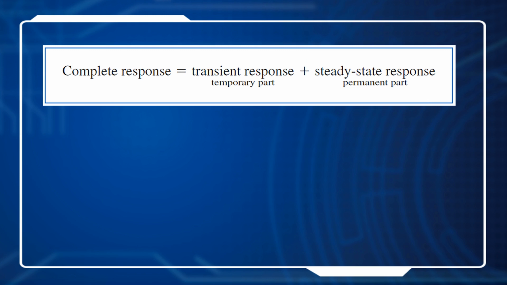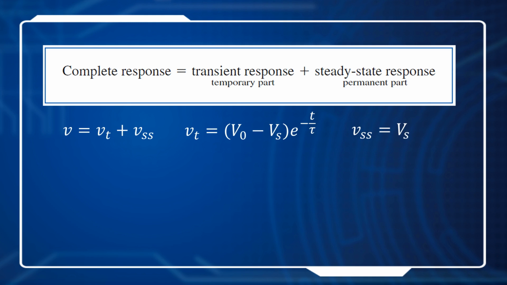In this way, we can write the response like this: V equals Vt plus Vss. Vt is the transient response. Vt equals (V0 minus Vs) multiplied by e to the minus t over tau power, and Vss equals Vs.